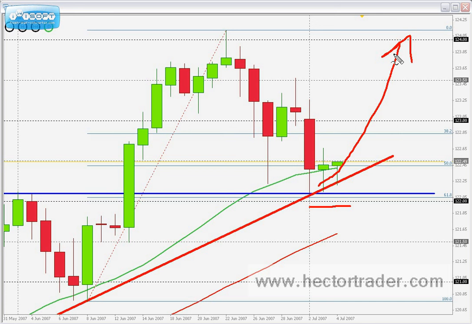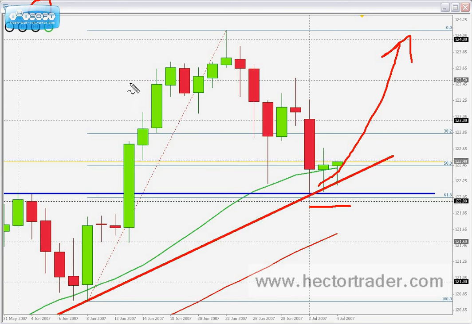Once again, it depends on the time frame. But in this precise case, since it's a daily, we might easily be talking about a 150, 200, even 300 pip swing. So you're risking 20-25 pips in order to gain 200. That's a very good risk-reward ratio.